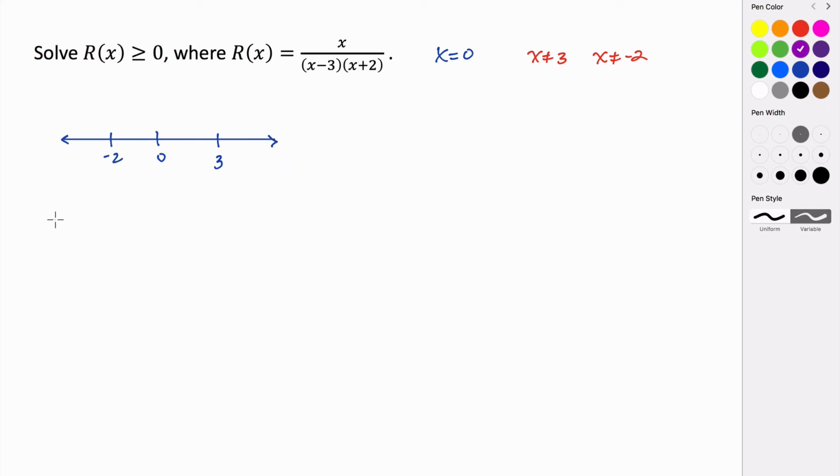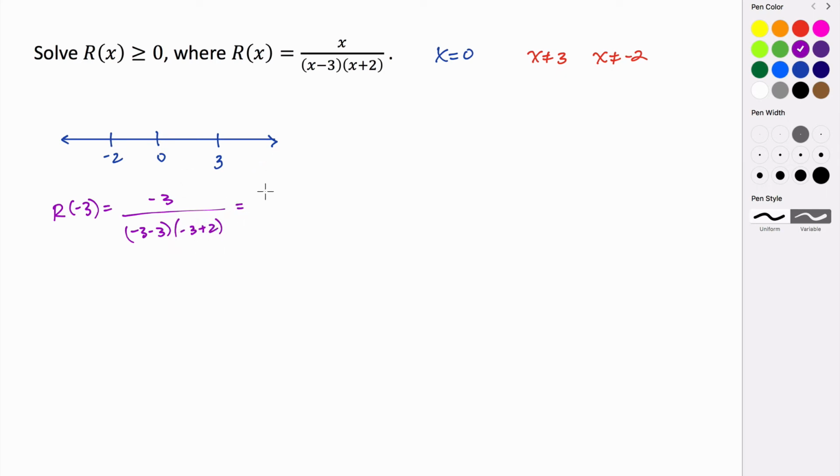So let's pick a value to the left of negative 2, maybe negative 3. So what is r of negative 3? If I take negative 3 and plug it into my function, it's negative 3 divided by (negative 3 minus 3) times (negative 3 plus 2).